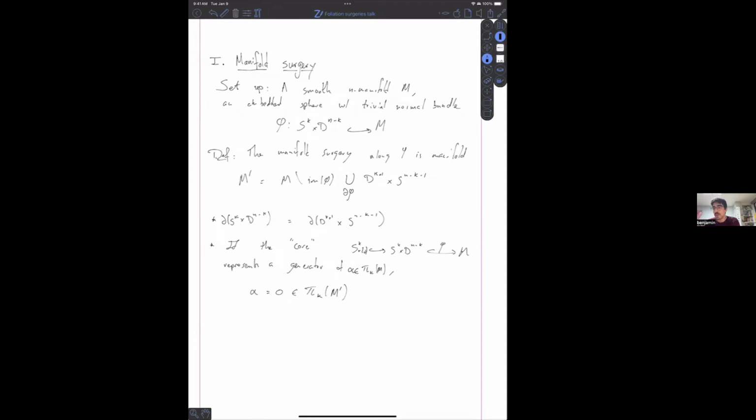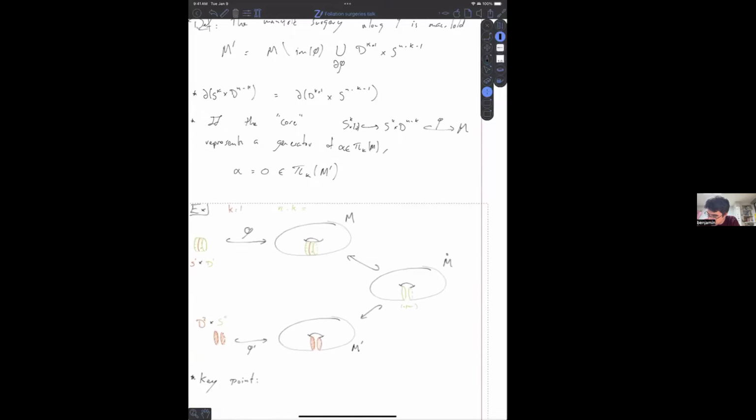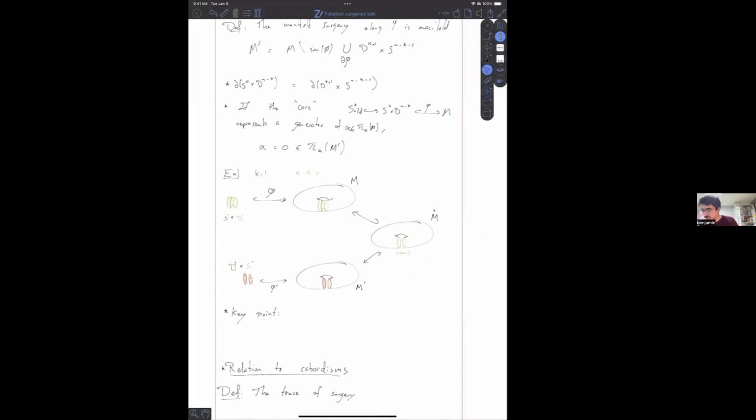So we're starting with a manifold. It has some sphere and we don't like this sphere, so we want to get rid of it. That's essentially the idea.